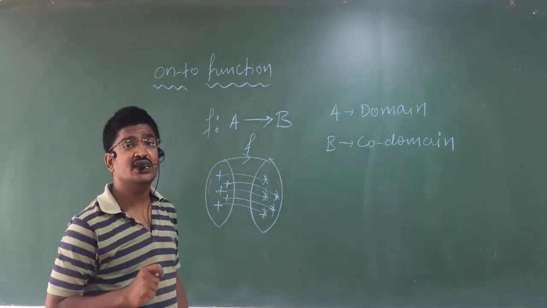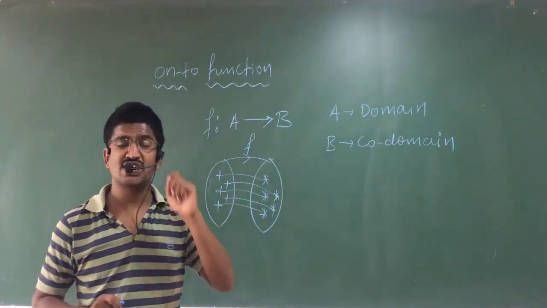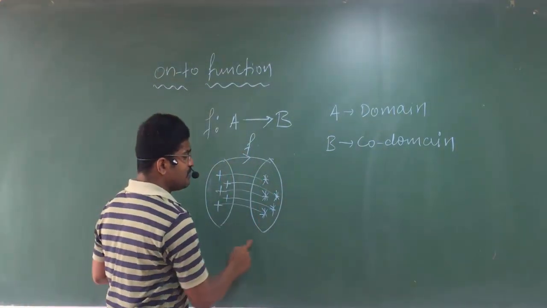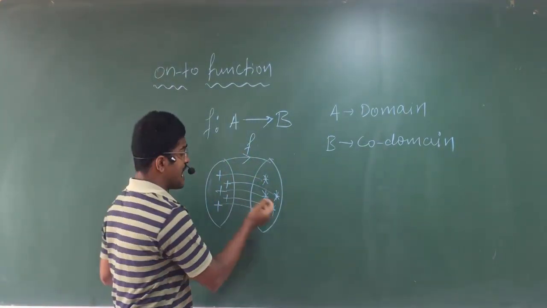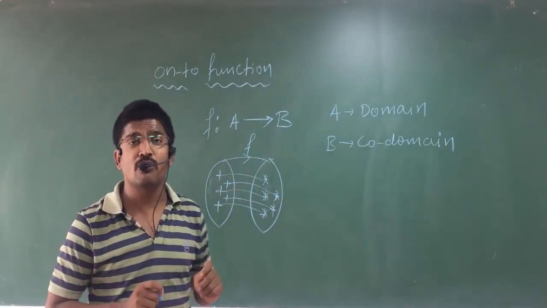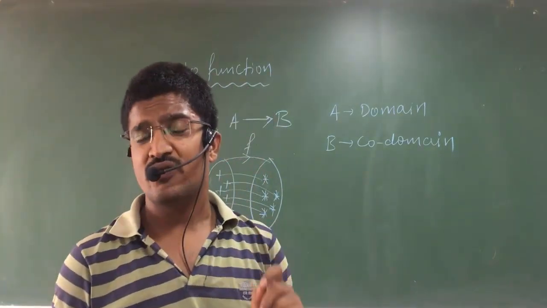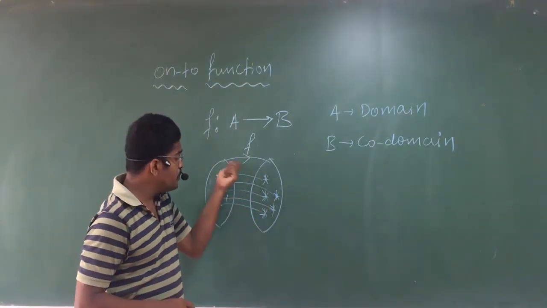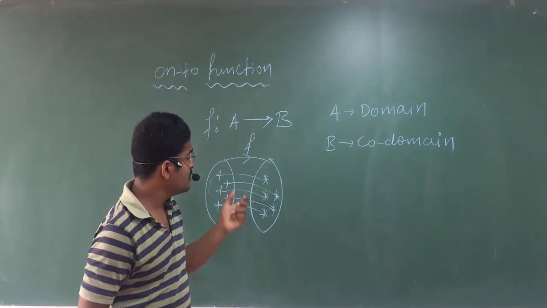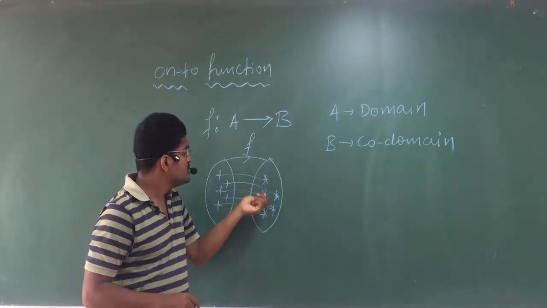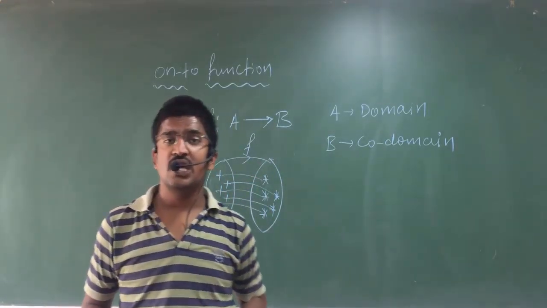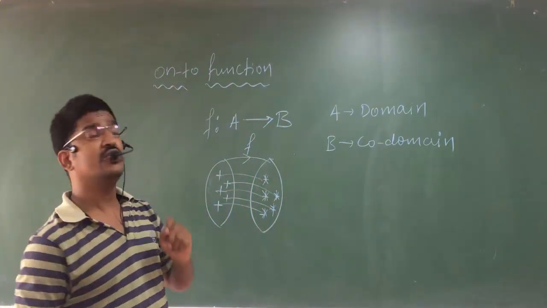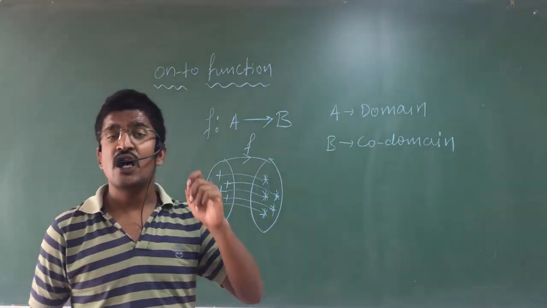Then we say that this particular function is onto. The meaning of onto is that every element of the codomain must have a pre-image in the domain. Are you getting my point? Then we say that the function is onto.